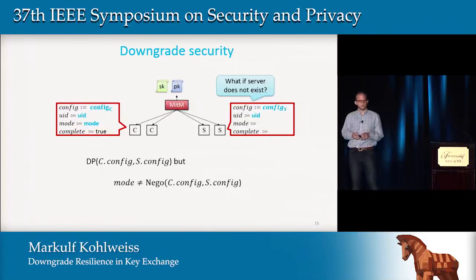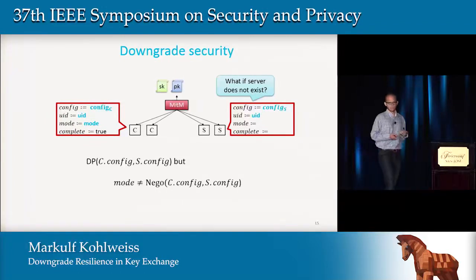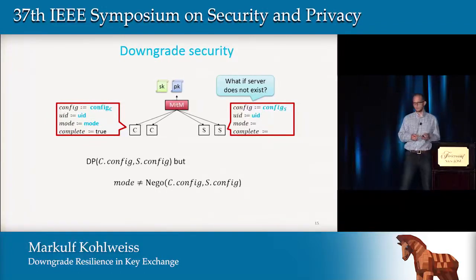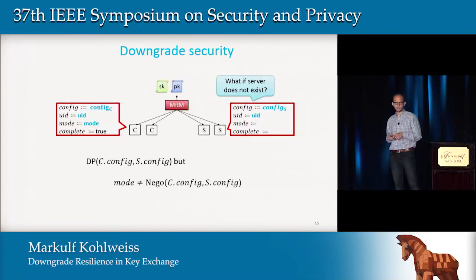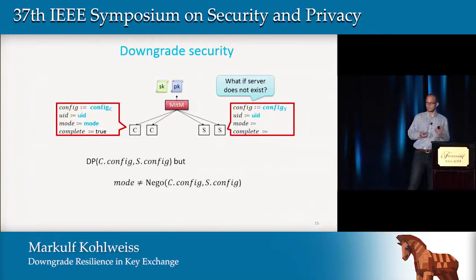In our paper, however, we give a separate security definition, partnering security, for which exactly this is the winning state of the attacker. And we show that typical key exchange protocols that are downgrade secure also meet this partnering security property.